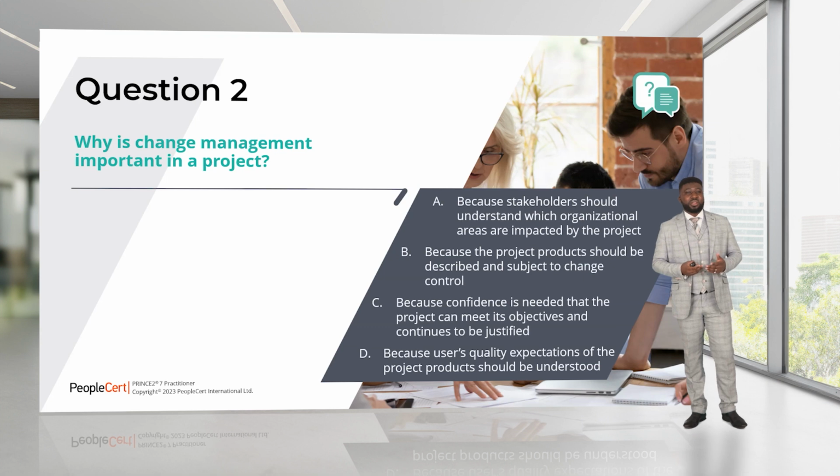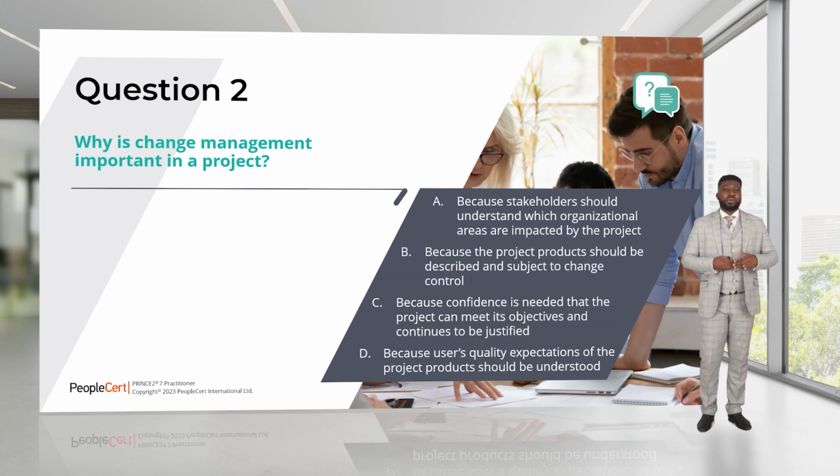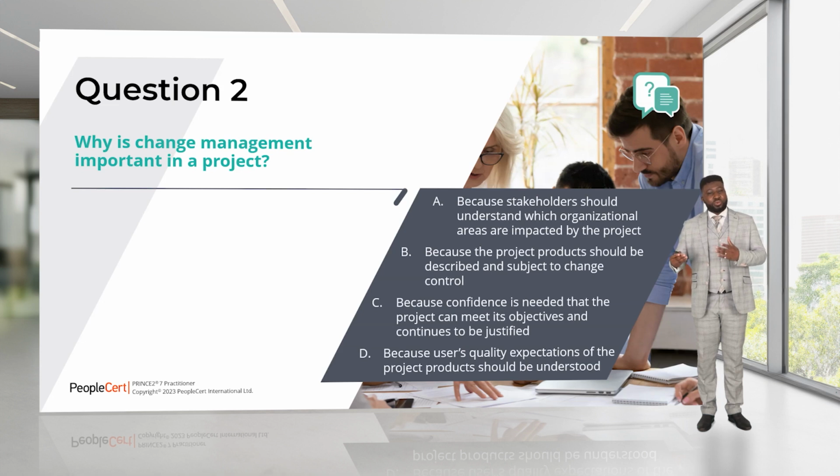When we're capturing things like the project product description, we're trying to make sure that we're focusing on product, and that's to do with quality. C says because confidence is needed that the project can meet its objective and continue to be justified. Well, that is true, but has nothing to do with change management. That's more to make sure that our business case remains valid.